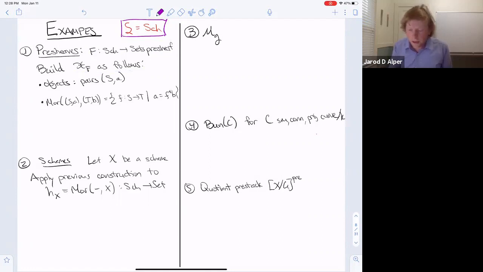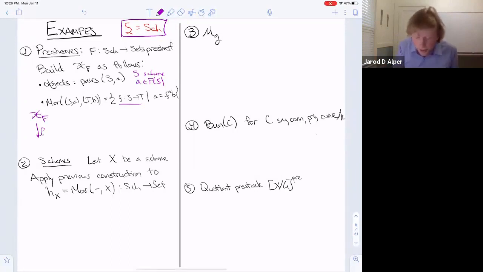Objects are just pairs (S, A), where S is a scheme and A is an element of F(S). Kind of like what we had before. And then a morphism between these pairs is going to be a morphism of schemes such that A is the pullback of B. And so what this gives us is X_F, and here the projection to schemes just sends a pair to the scheme. So this is the construction of the prestack associated to a presheaf.